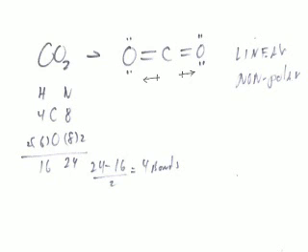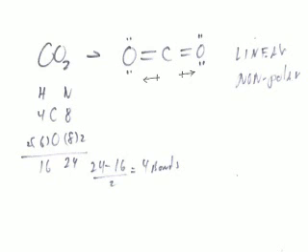For carbon dioxide, we get an even more extreme case. The carbon has two double bonds, one to each oxygen. And so while there are four pairs of electrons around the carbon, there are actually only two sets of electrons, because both pairs of double bonds have to be between the carbon and the oxygen.